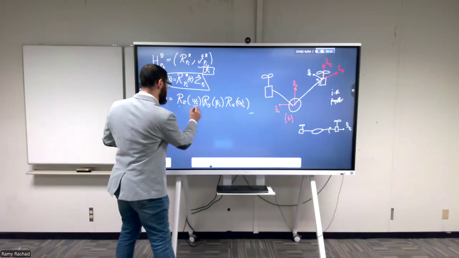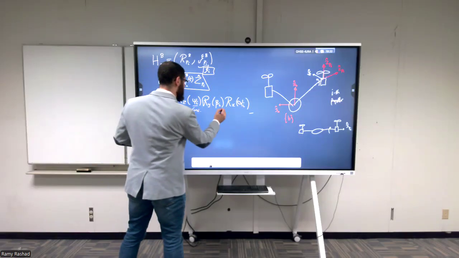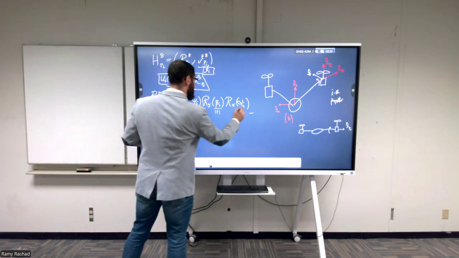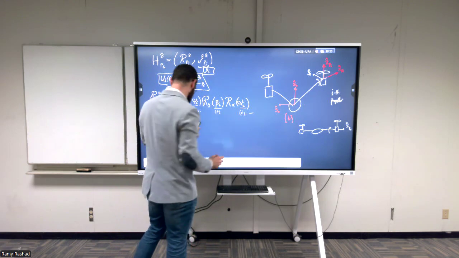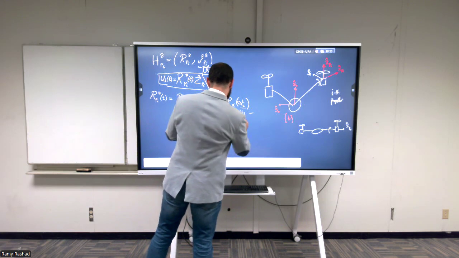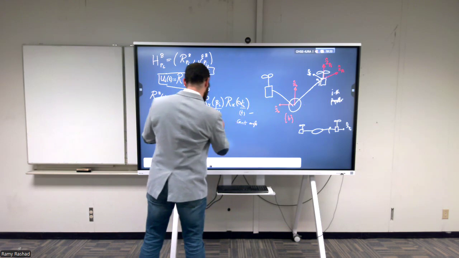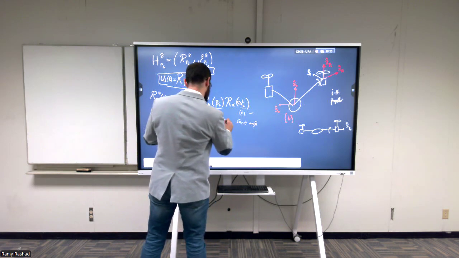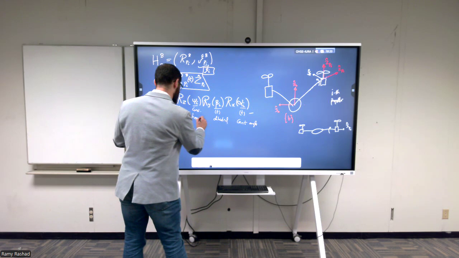Okay. This is constant. This is a function of time, and this is a function of time. We're going to be calling this the cant angle. This will be called the dihedral angle. And this will be called the heading.